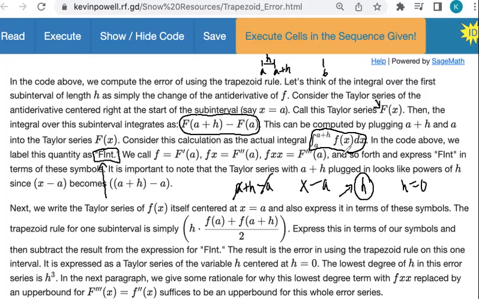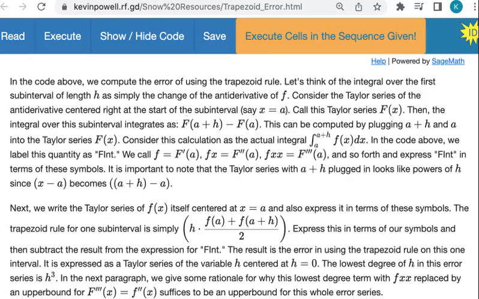Okay, so let's take a look at that. All right, so how do we end up getting the Taylor series for the trapezoid rule?